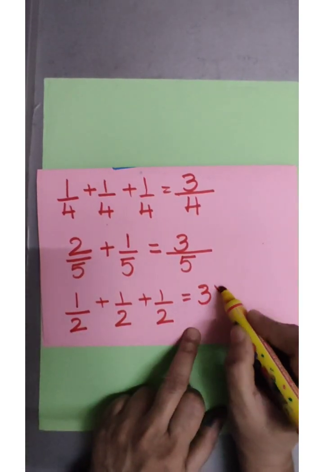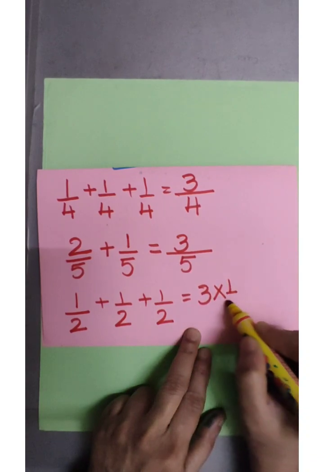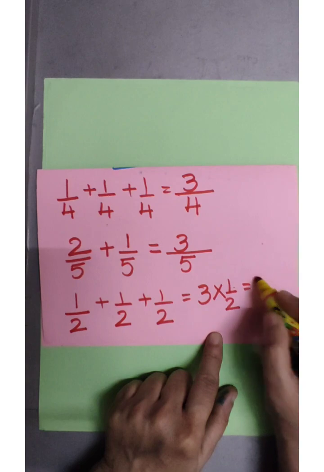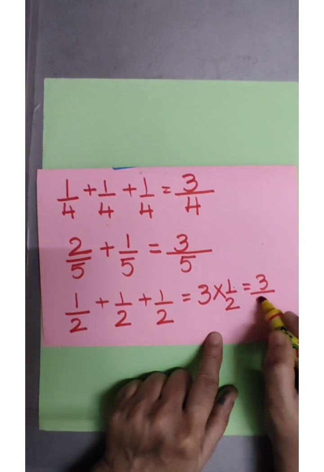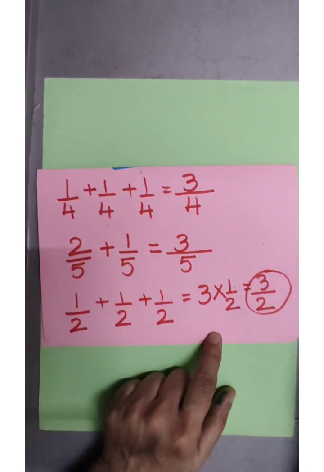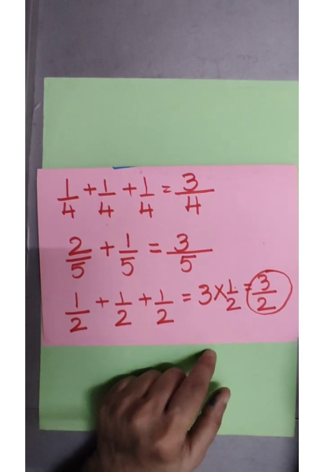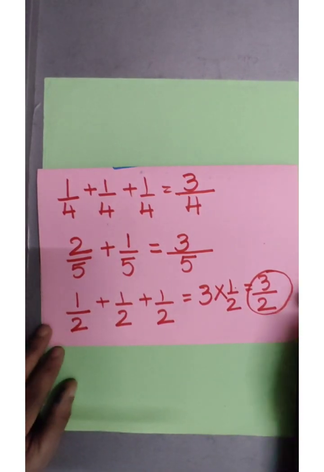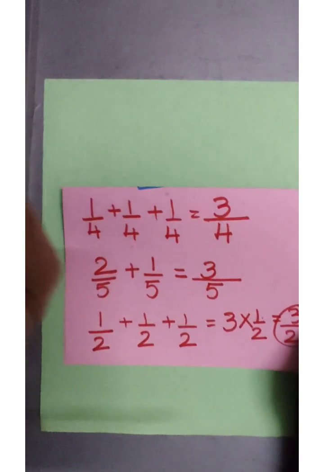So 3 times half gives you, now 3 ones are 3 and 2 remains the same. So your fraction is 3 upon 2. Okay children? So this is the way we are going to add fractions.